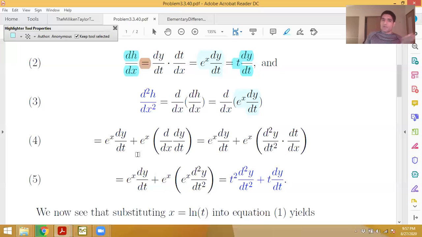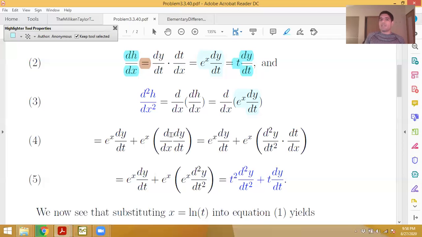Now, I got to the start of equation 4. To get to the second half of equation 4, you'll notice I didn't really touch the first term. The e to the x times dy dt has remained the same. And this e to the x on the outside of the second term has also remained the same. And now for the d by dx of dy dt, I apply the chain rule.